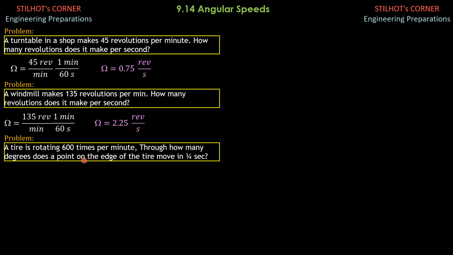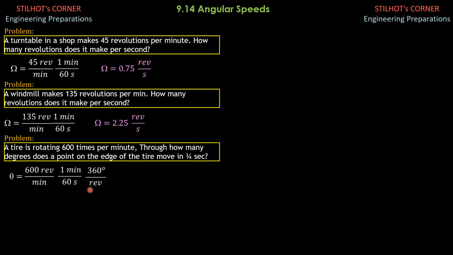From the speed in revolutions per second times 3/4 second, the unit would be in revolutions, and 1 revolution corresponds to 360 degrees. So we multiply further by 360 degrees per revolution. So theta is 600 revolutions per minute times 1 minute per 60 seconds, so that is now revolutions per second, times 360 degrees per revolution.